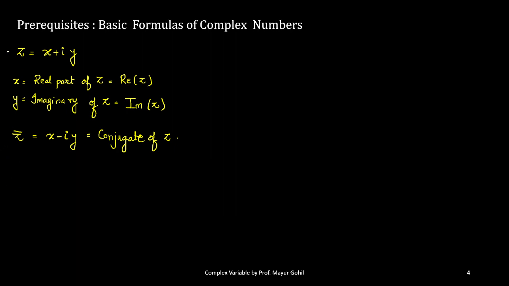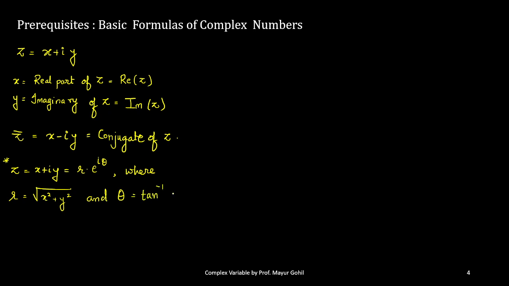Now this was the Cartesian notation. Now z, which is x plus iy, can be expressed in the following form, that is r into e to the power i theta, where this is basically a new concept, where r is nothing but square root of x square plus y square, and theta is nothing but tan inverse of y upon x.